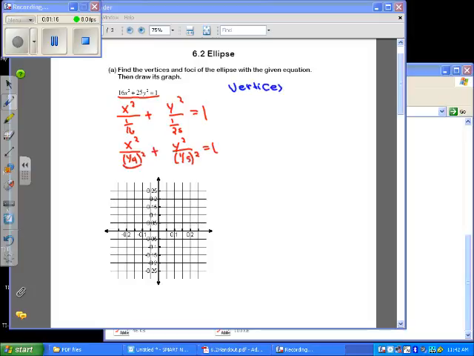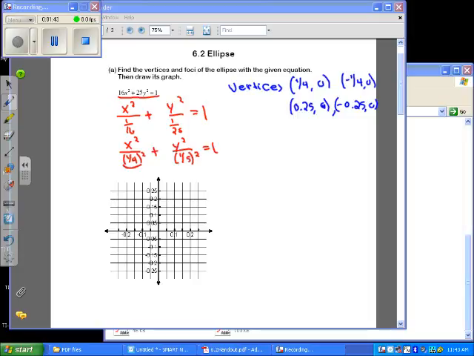I know that 1/4 is greater than 1/5, so my vertices are going to be (1/4, 0) and (-1/4, 0). If you prefer this in decimal form, you could write (0.25, 0) and (-0.25, 0).